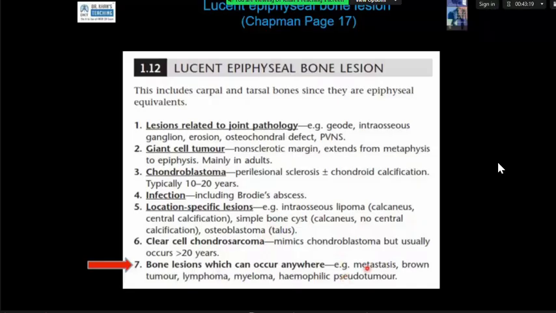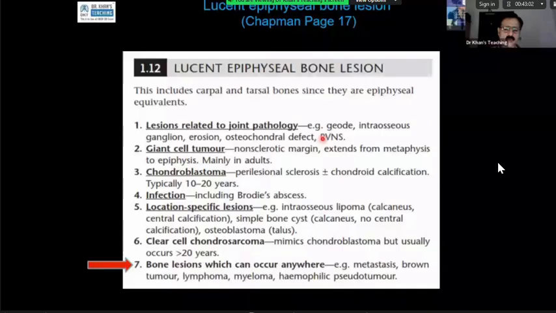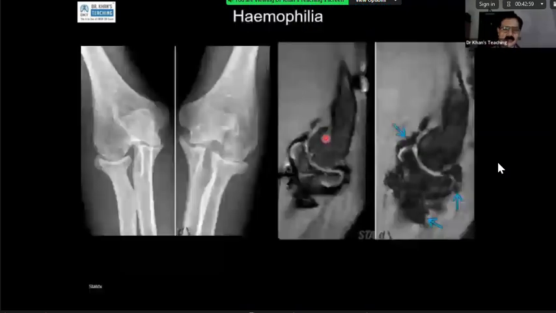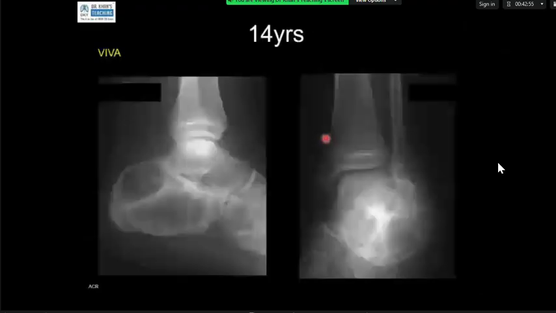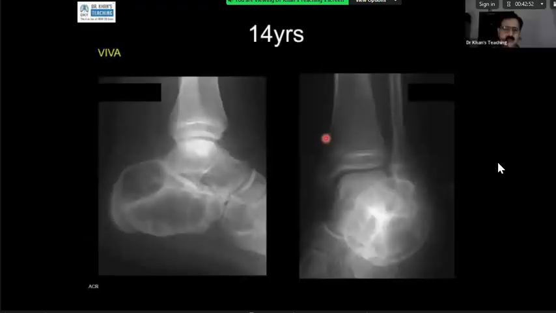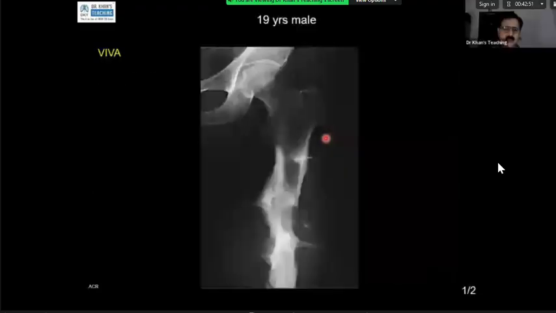And because of the way it is expanded, I think we should keep hemophilia up there. Yes. So this is the skill which you have to master for your exam. And so this is pseudotumor of the calcaneus.